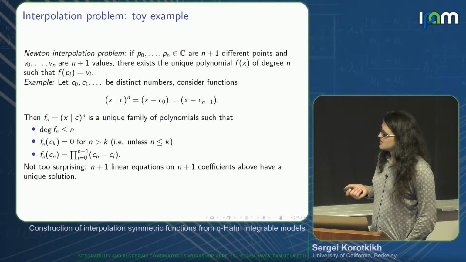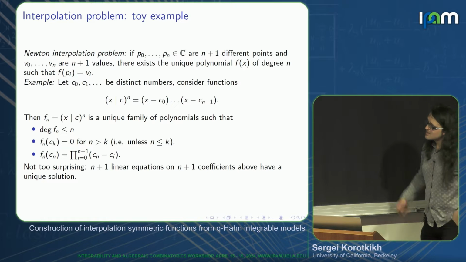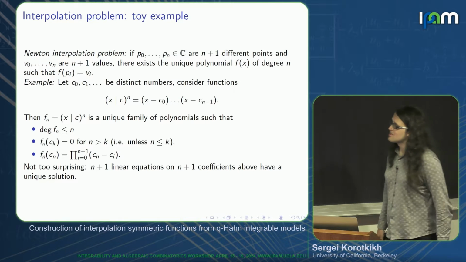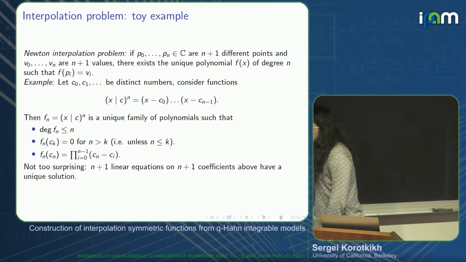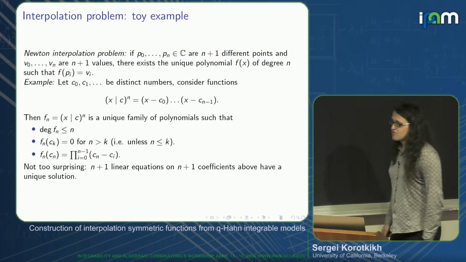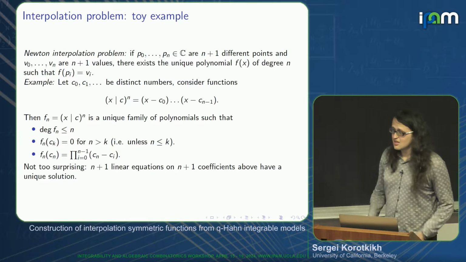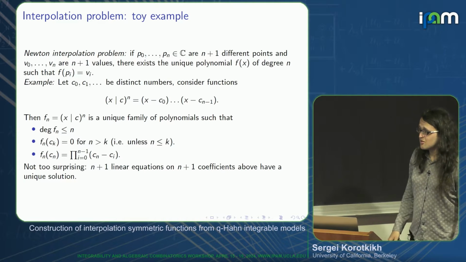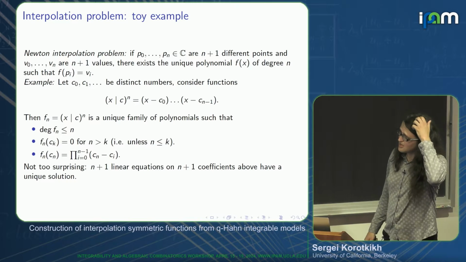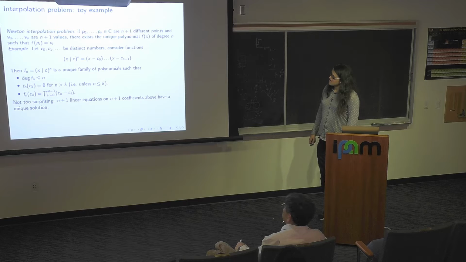So we have this simple family of polynomials. In general, the existence of polynomials of degree n like this is not a surprising fact. It's just a system of n plus 1 linear equations having a unique solution in n plus 1 variables. To be more precise, it's just a Vandermonde determinant being non-degenerate. So it's a very simple elementary computation.